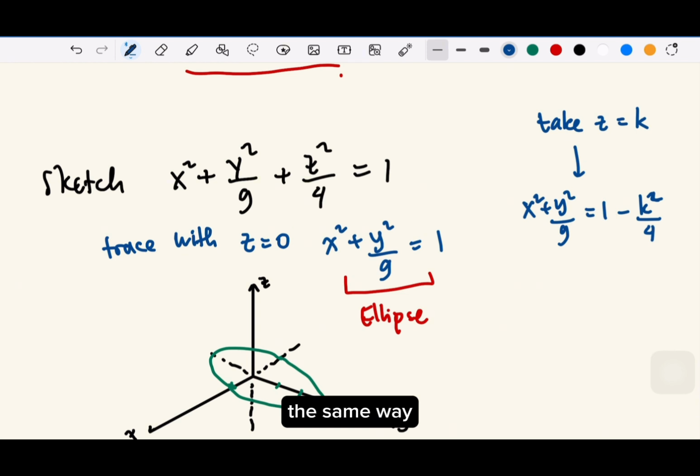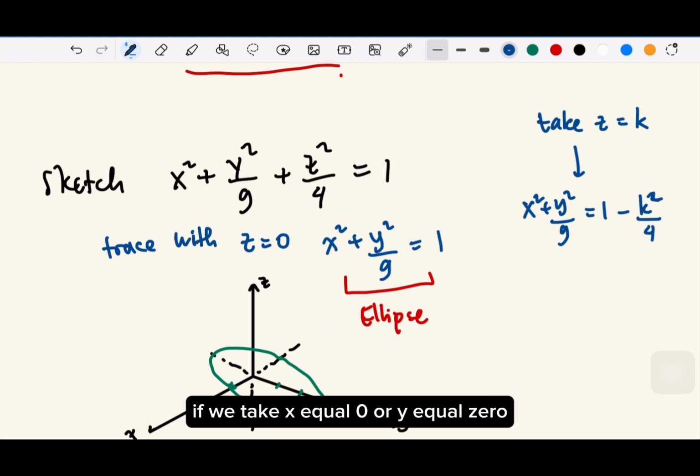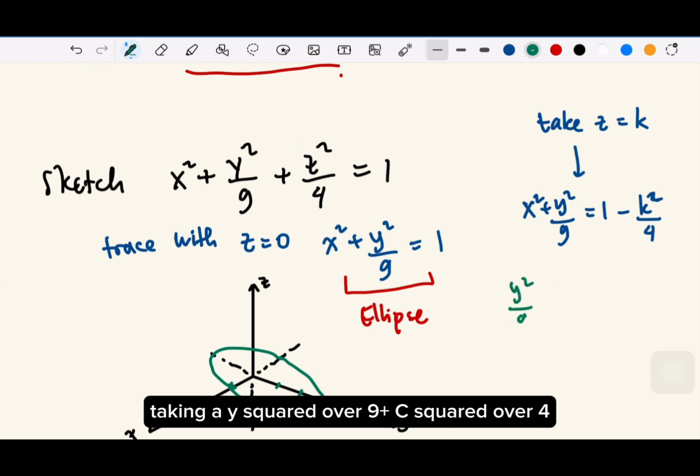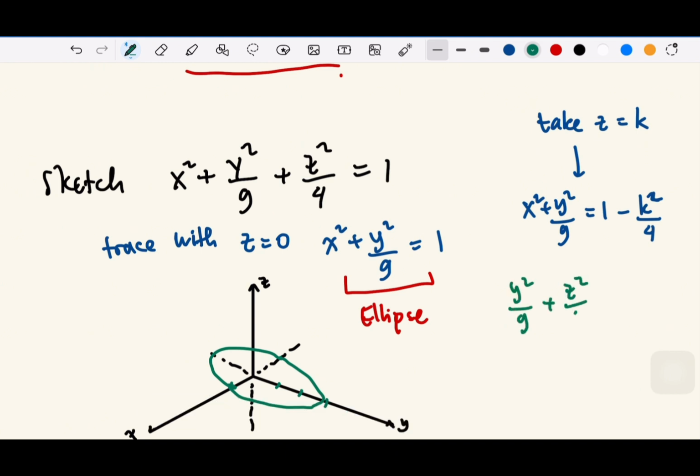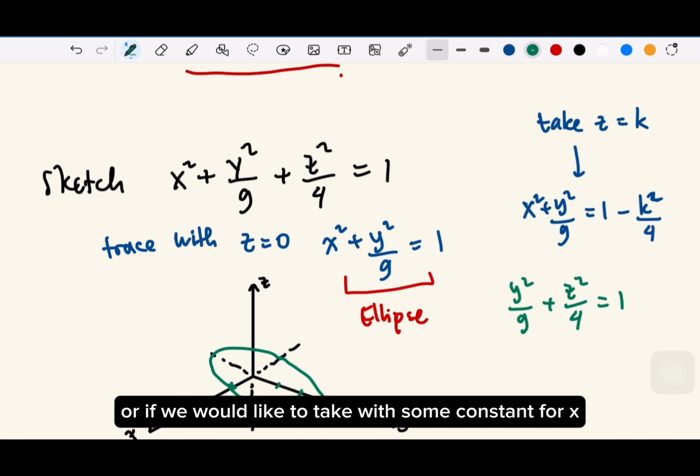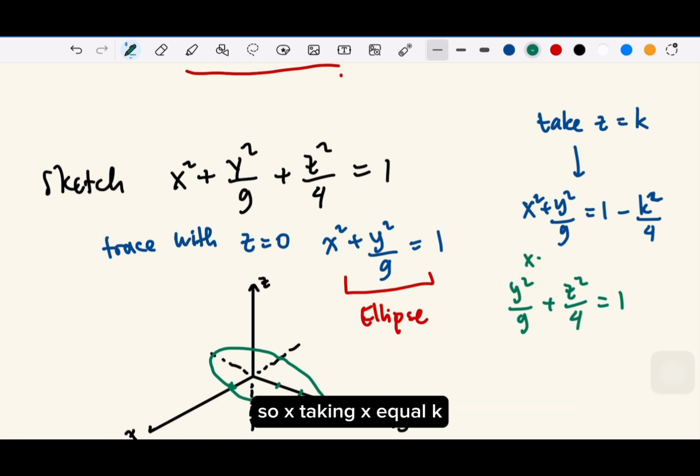The same way we could see if we take x equals 0 or y equals 0. So we could see that we can also take y squared over 9 plus z squared over 4, which is another ellipse. Or if we would like to take some constant for x, taking x equal k, this will be minus k squared.